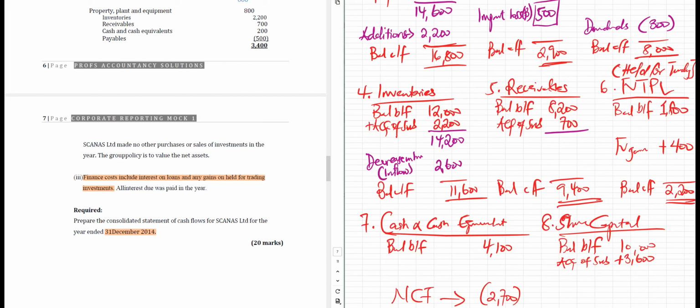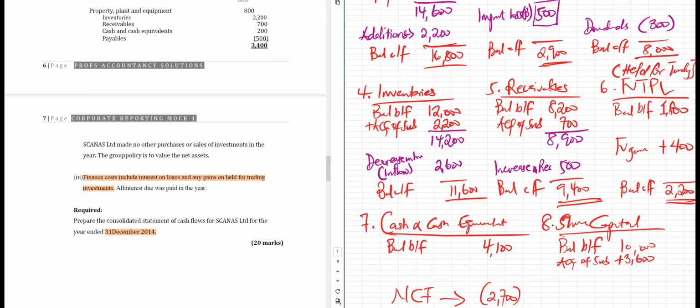Then receivables. We bought a new subsidiary, so this should have been 89, compared to the 94. That was 500, right? Customers were owing you 89, but now they are owing you 94. The money they are owing you has increased. So more of your money is with them, right?